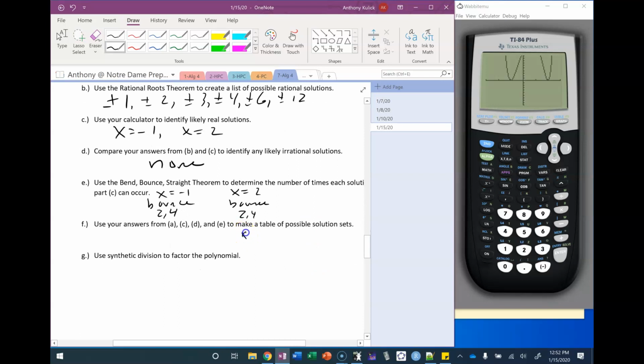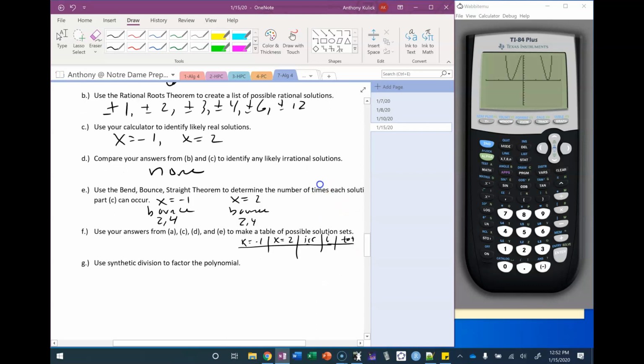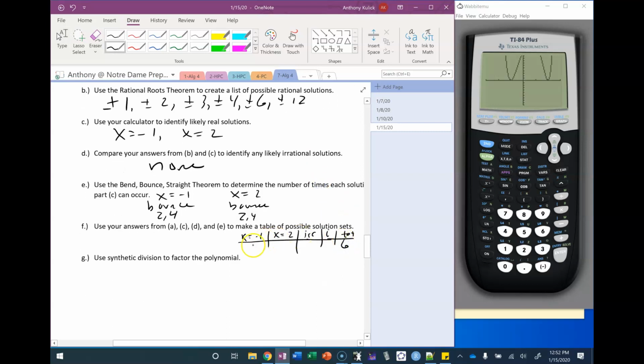So let's make our table here of possible solutions. So the total here is 6. So if both of these are 2, we know there's no irrationals. 2 plus 2 plus 0 is 4. To get to 6, we must have 2 imaginary ones.